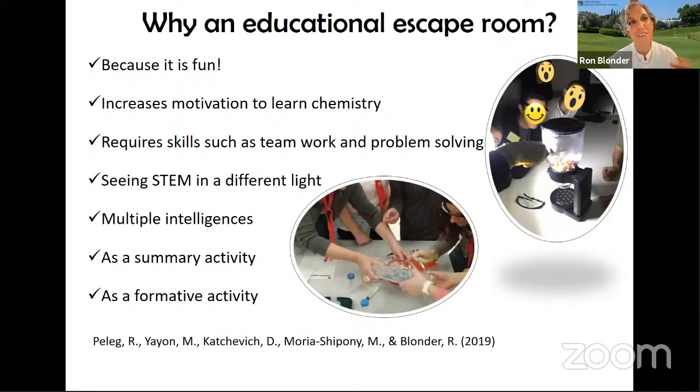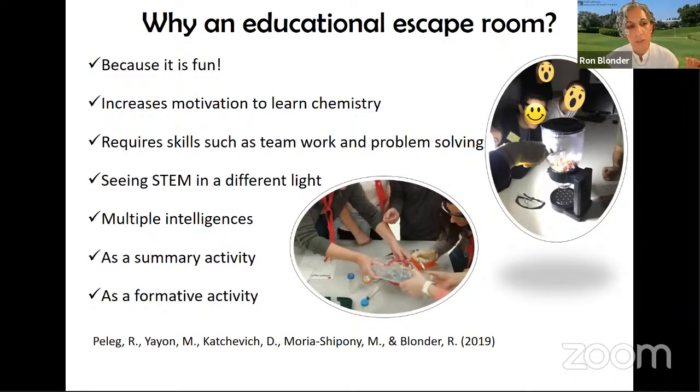It shows them that chemistry is usable. It requires skills such as teamwork and problem solving, and we realize that these skills are really important. They are part of the 21st century skills that we want to develop in our students. And usually when they sit and learn in the classroom, they are passive and they don't develop such skills.